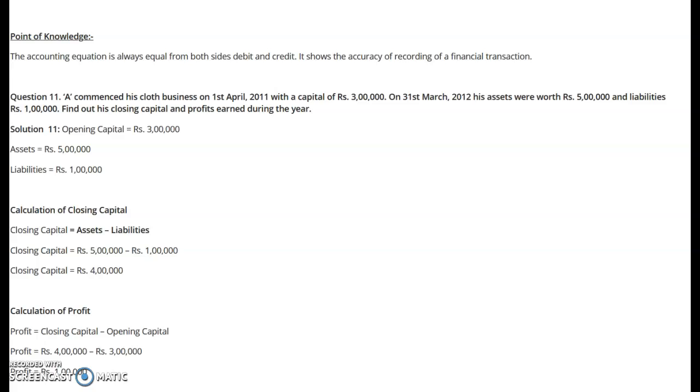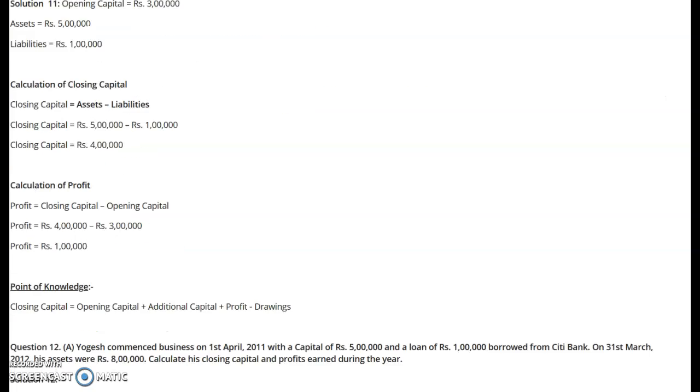But when additional capital is invested or drawings are made, the question will be solved in some different way. But see here, closing capital 4 lakh, opening capital 3 lakh, the profit earned during the year is rupees 1 lakh. So as per the question, both answers are: closing capital is 4 lakh and profit earned during the year is 1 lakh.